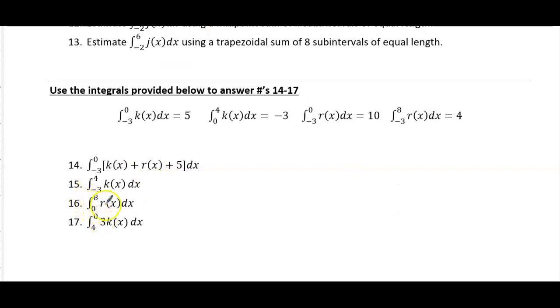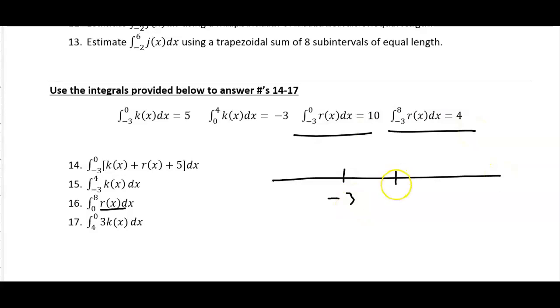Number 16. We're looking for the value of 0 to 8 for the function r. And once again, we don't have that. This one goes from -3 to 0, and this one goes from -3 to 8. So let's think of that on a number line. I've got -3, I've got 0, and I've got 8. Okay? Well, this one goes all the way from -3 all the way up to 8.